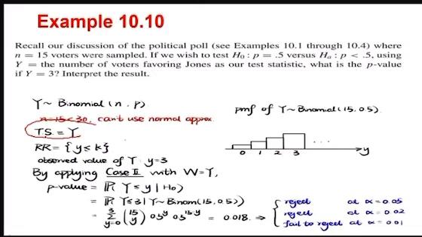Now we're going to set a rejection region. If the number is less than or equal to a particular value, then I'm going to reject the null hypothesis. Because of that, we're going to be using case 2. Why do we want to use case 2?